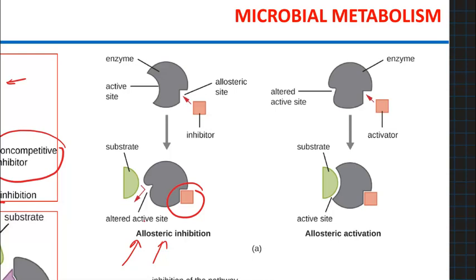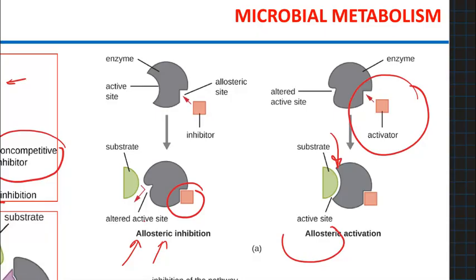In the same way, molecules can exert allosteric activation by binding to some site on the protein, changing its shape so that the active site becomes available for the substrate.